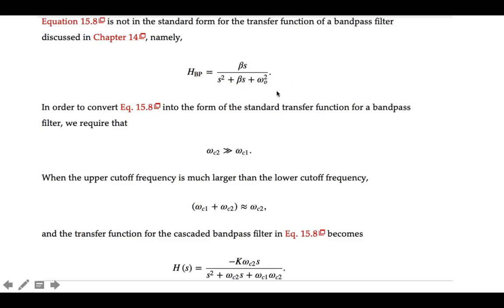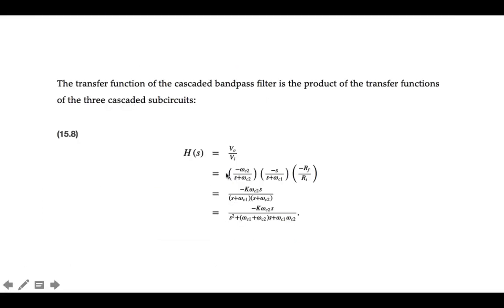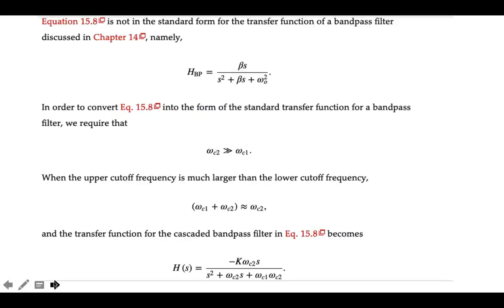The only way that these can be equivalent is if they can be approximated, if the upper cutoff limit is much, much greater than the lower cutoff. In other words, if it is very broadband, then if you take omega C1 plus omega C2, which was this middle term in our transfer function that we obtained directly from the cascaded filters, you can say that's approximately equal to omega C2.